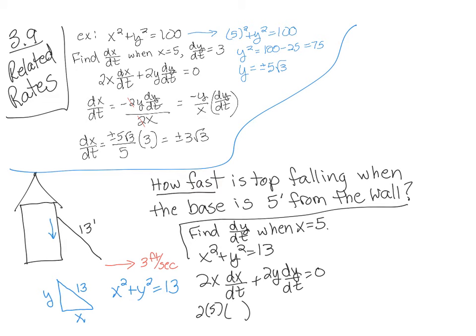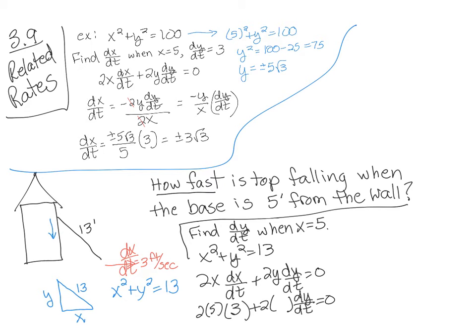So I'm going to go back and label this dx dt equals 3 feet per second, plus 2y times dy dt, which is the thing we're solving for. But we need to know what y is, and we're going to do that the same way that we did at the top of the page here.